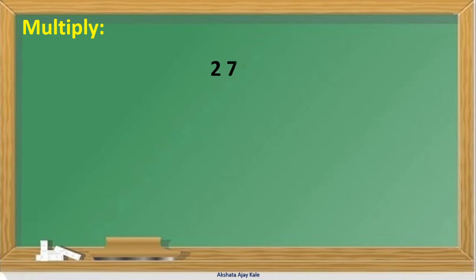Multiply 2,754 by 483. Here also 3 is in the unit place, 8 is in the tens place, and 4 in the hundreds place. First we will begin with 3.